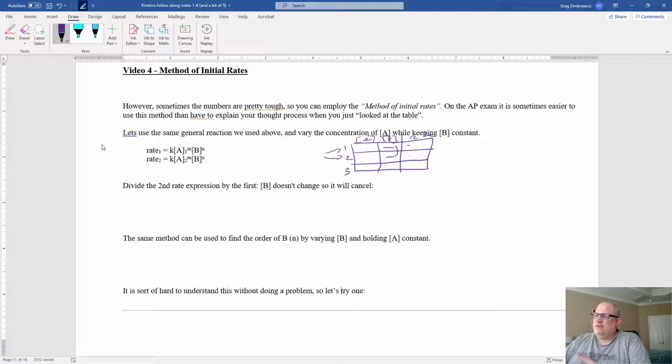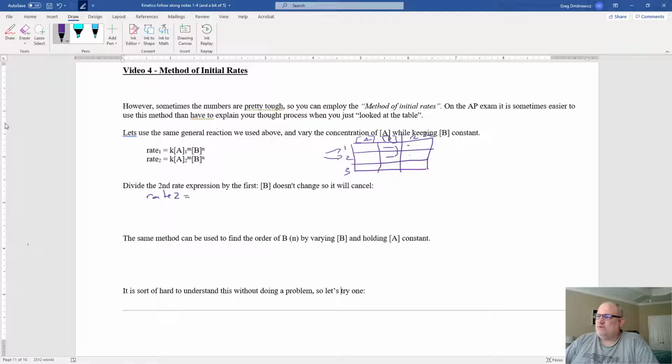Typically, we take whatever rate is higher and divide it by the rate that's smaller. It's probably not going to make a whole ton of sense until we actually do it on a problem. But let's say I did this. We always take the higher of the two rates and divide by the smaller one. In this case, let's pretend that rate 2 is a higher value than rate 1.